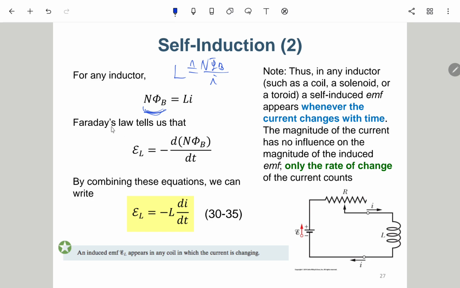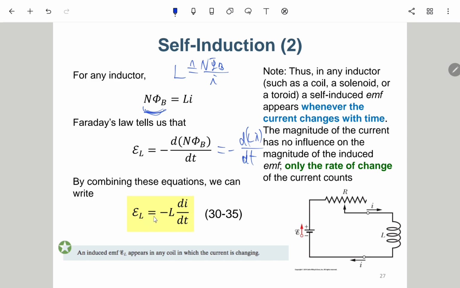According to Faraday's law, we have EMF equal to negative d phi dt, but if we have multiple turns, we multiply by n. So n phi b is L times I, so it is nothing but negative d(LI)/dt. L is a constant, so we put L outside the derivative.